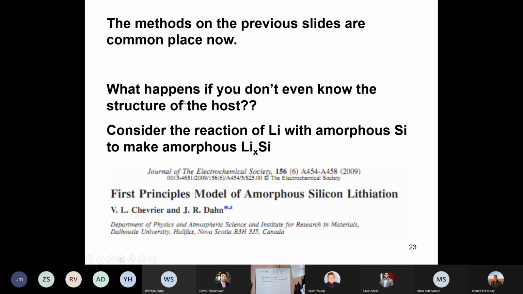In this case, you don't even know the structure of the host. You don't even know where to put the atoms to do these total energy calculations because it's amorphous. So how do you do this from first principles? Anyway, Vincent figured out how to do this with some help from Normand Mousseau at University of Montreal.